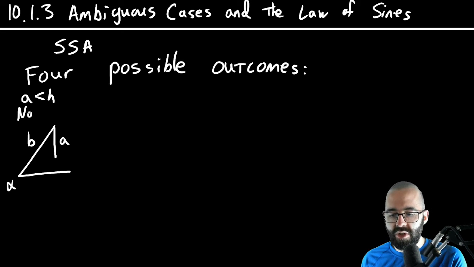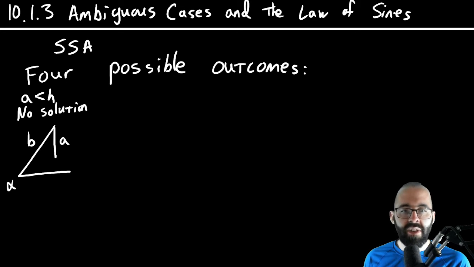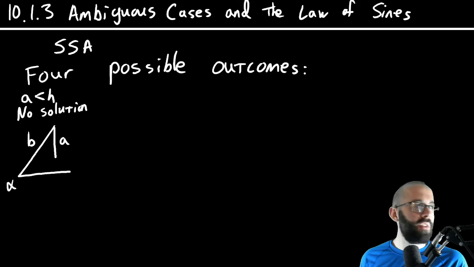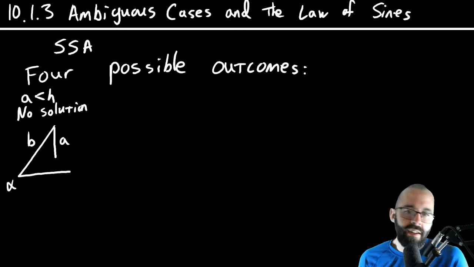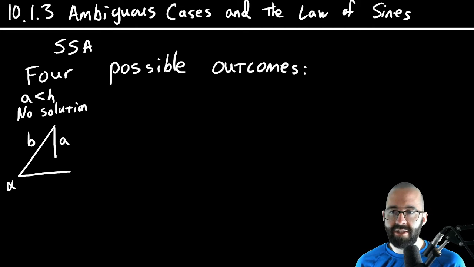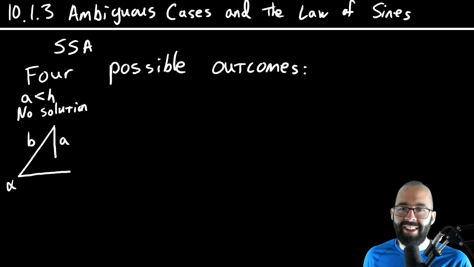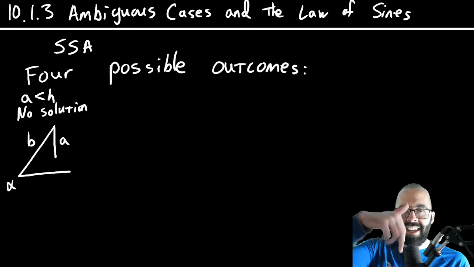There's no solution. So if you're given a description of a triangle where that A value is too small with angle, side, side, there's not going to be any solution because that A just can't reach. There's no triangle to draw because the A can't get far enough.